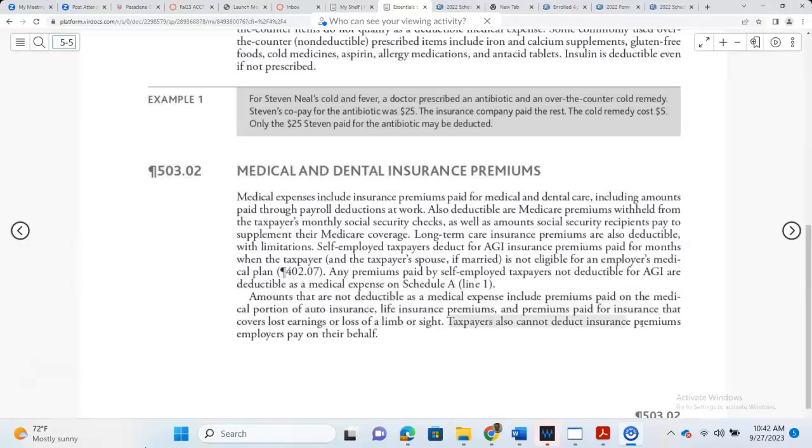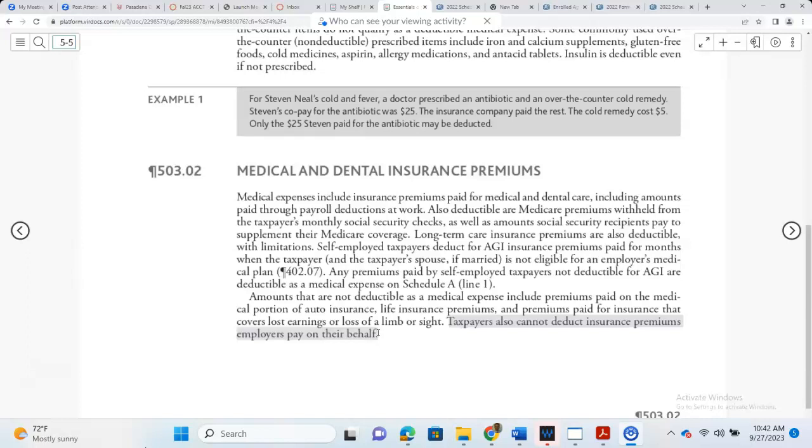And a taxpayer also cannot deduct insurance premiums employees pay on their behalf. Okay, so that insurance premium is not going here. Where does the insurance premium go?